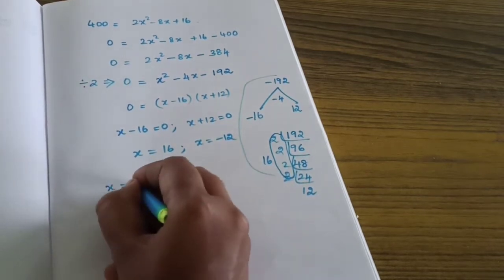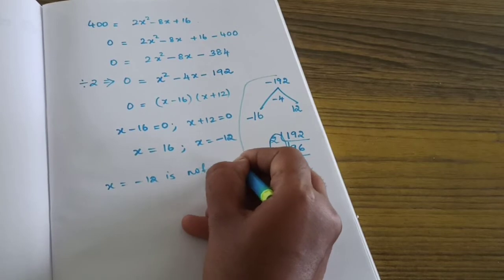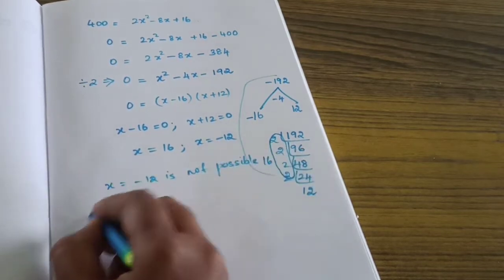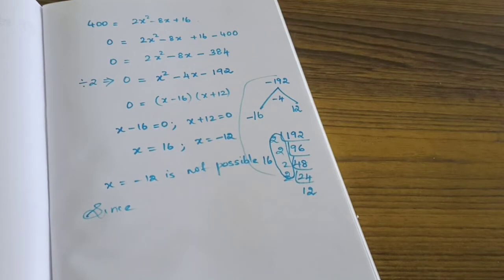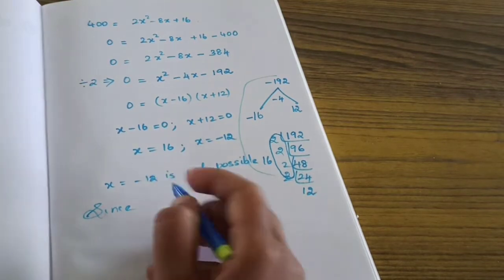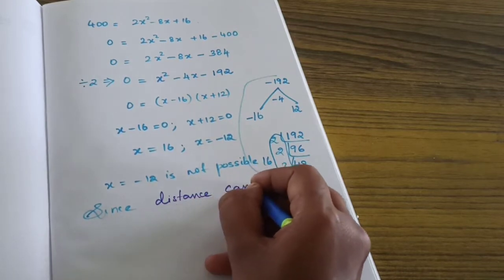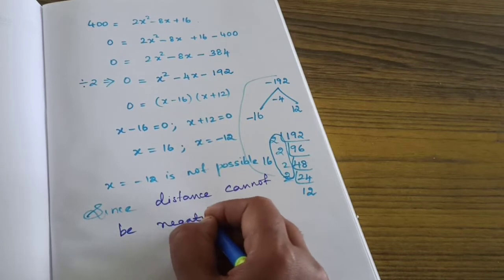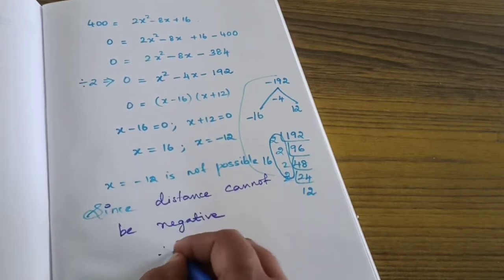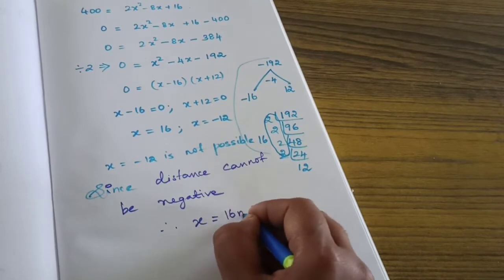So x equal to minus 12 is not possible because here it is a distance. Since distance cannot be negative, therefore x equal to 16 meters.